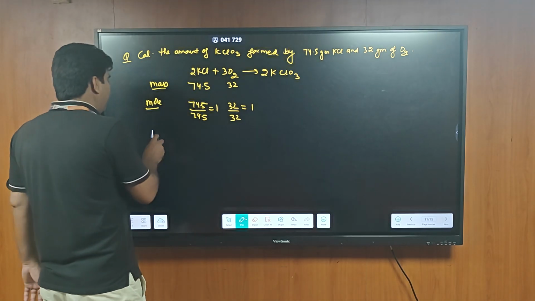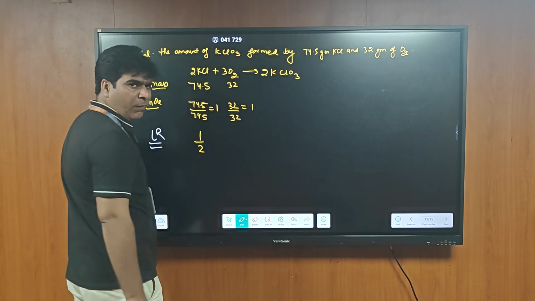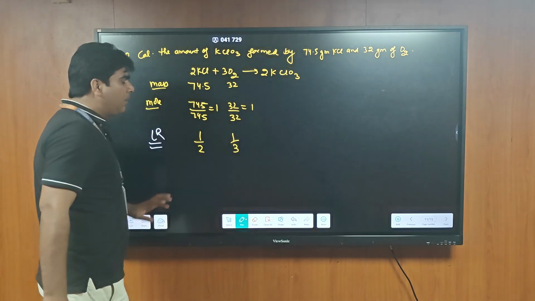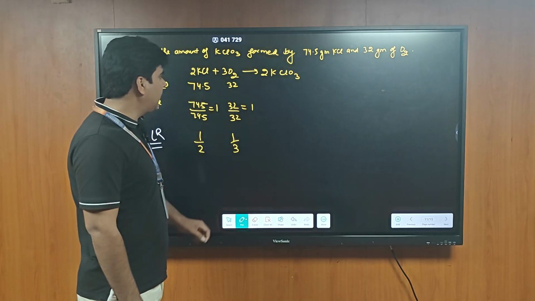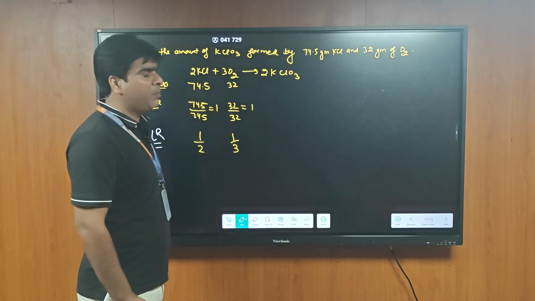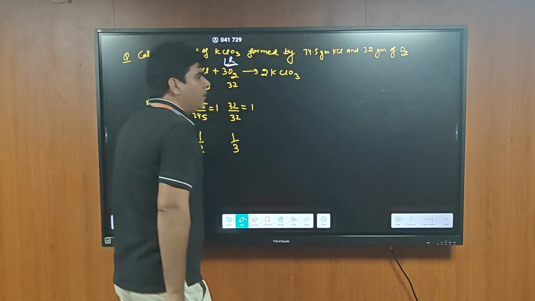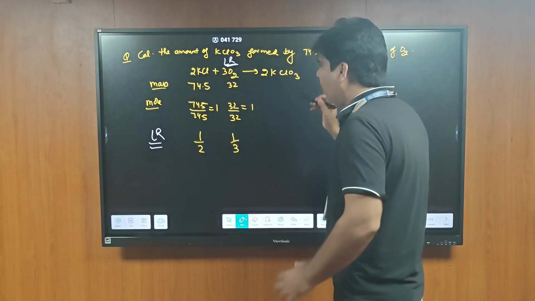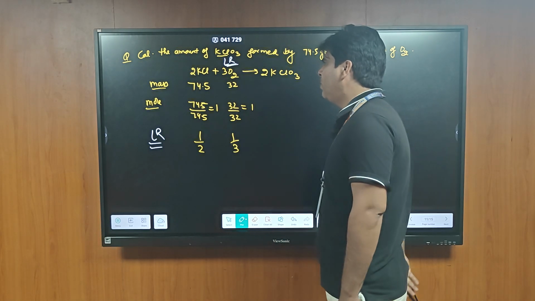For LR we'll have to divide by the stoichiometric coefficients. Again, whichever is less in number will be considered LR. O2 is less in number, so we'll say that O2 is LR. Clear?